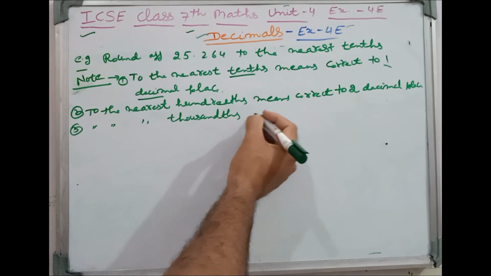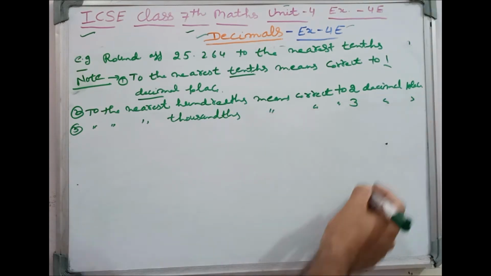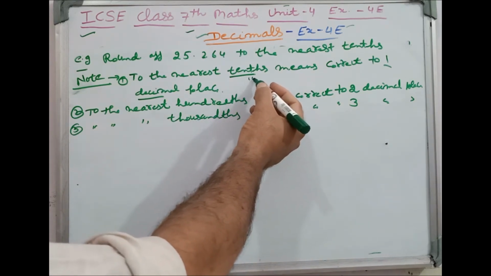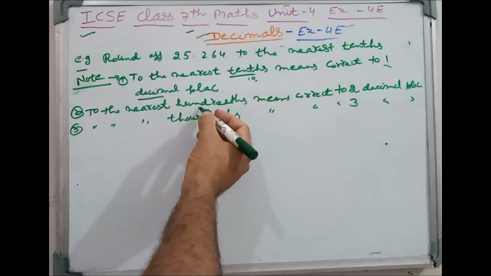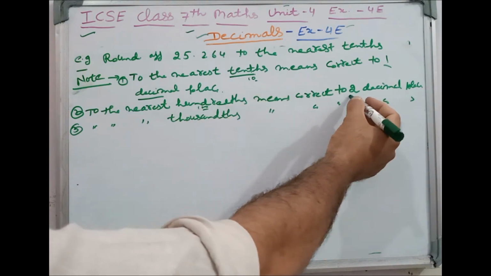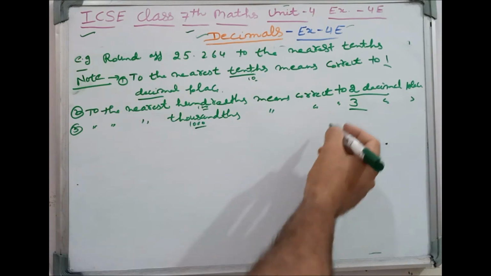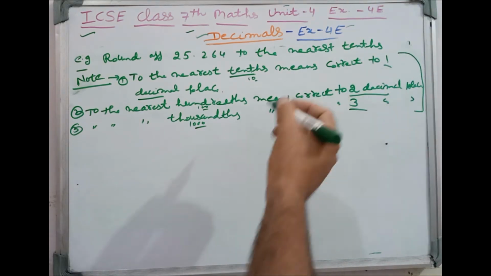Thousandths means correct to three decimal places. For tenths, there is 10, one place. Hundredths, there are two zeros, two decimal places. Thousandths, three zeros, three decimal places. Right? And so on. This is the procedure.